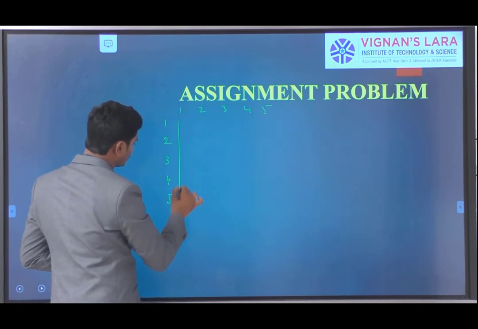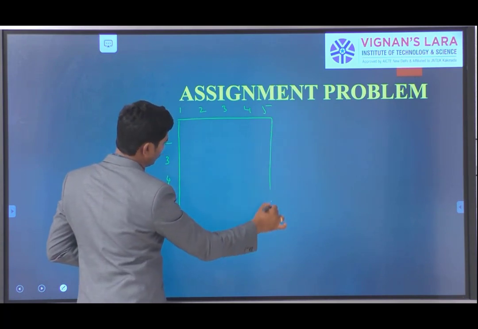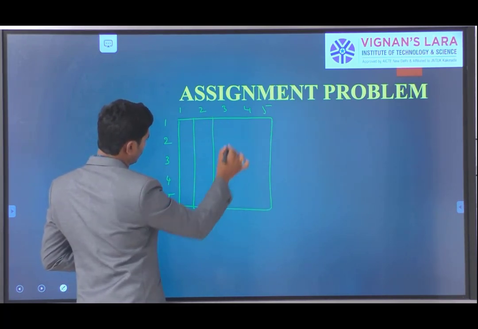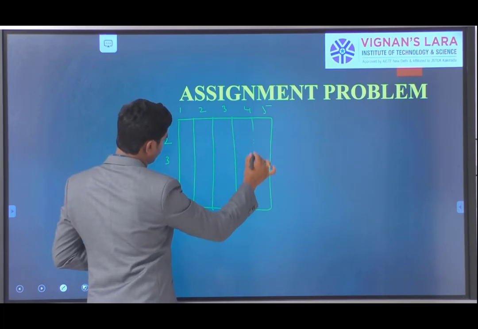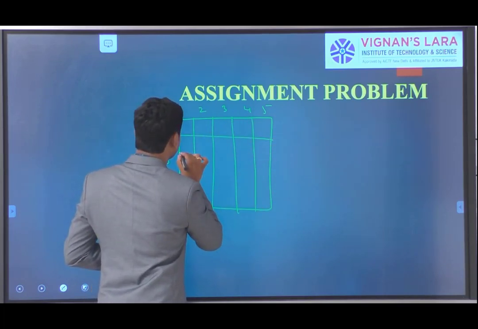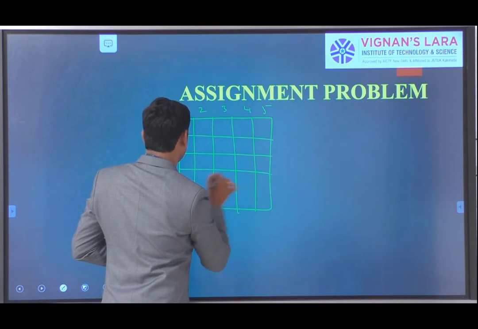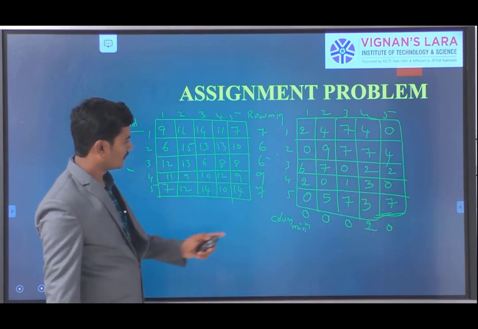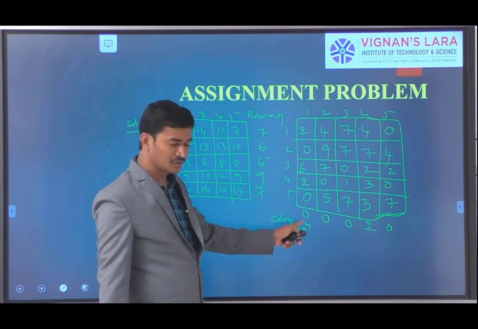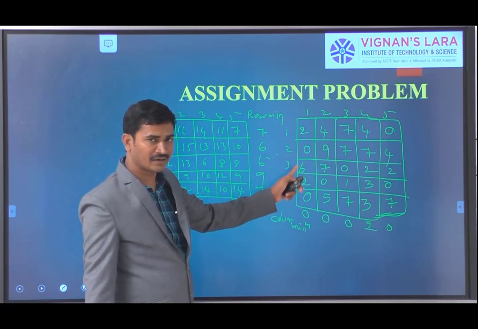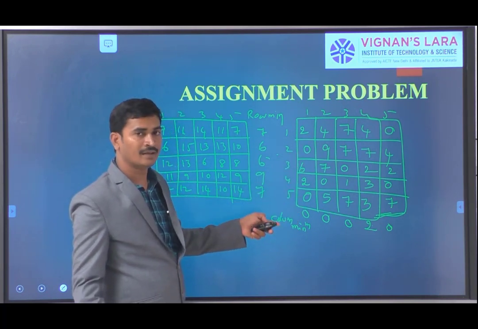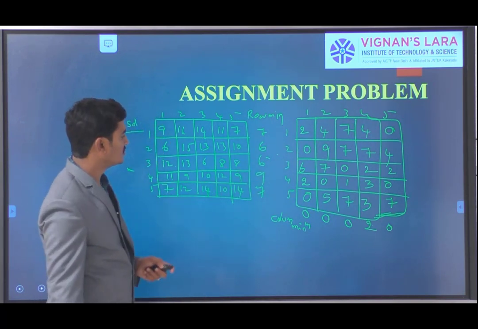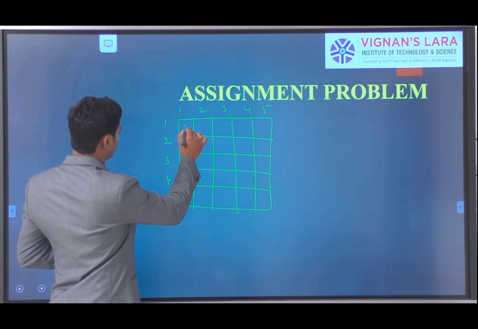How many jobs are there? 5 jobs and 5 operators. For every job and every operator, we are going to calculate the column subtraction. Here 0 is there. After subtracting 0 from that column, we get the same values. There is no change.